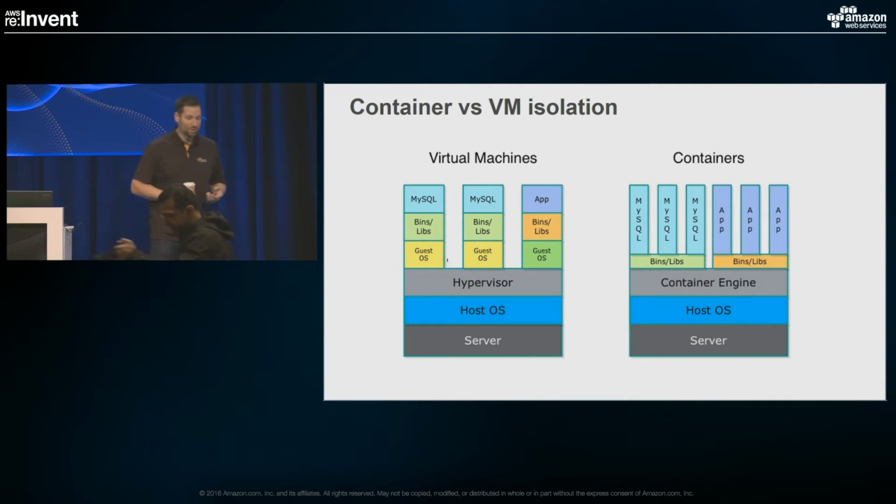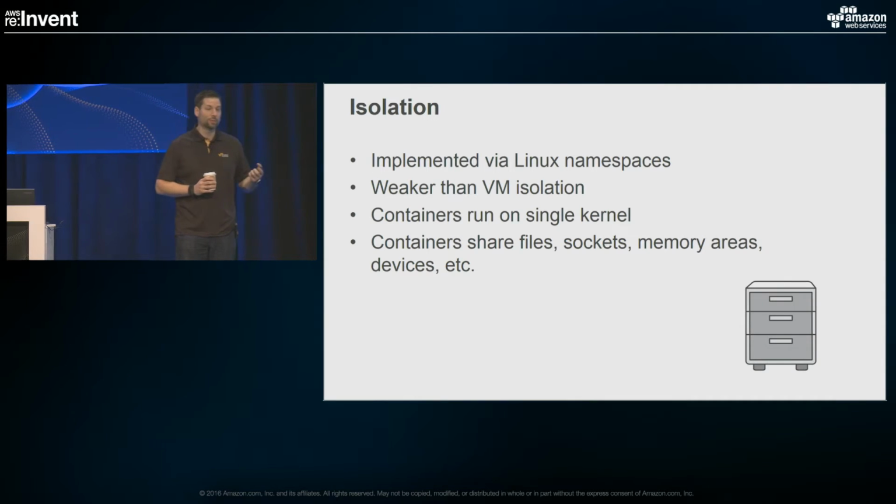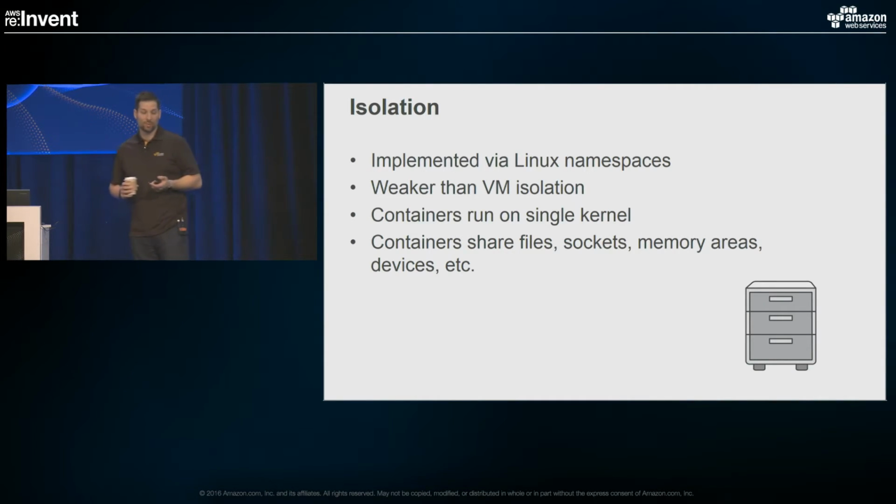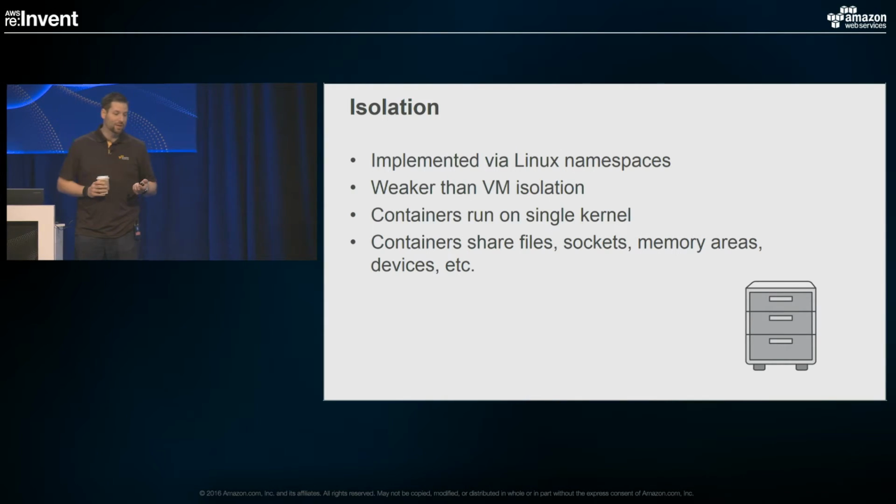A lot of people consider when they're talking about container versus VM isolation, a lot of people say that containers are essentially just small virtual machines. That's not really accurate. There's a couple of main differences here when it comes to isolation. For example, a container is implemented using Linux namespaces.